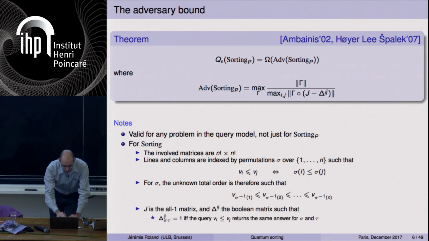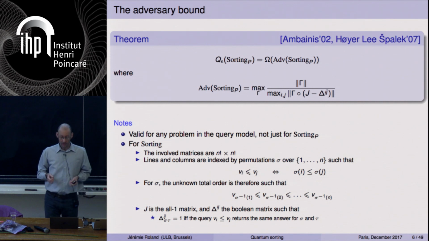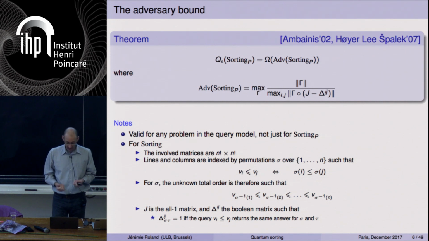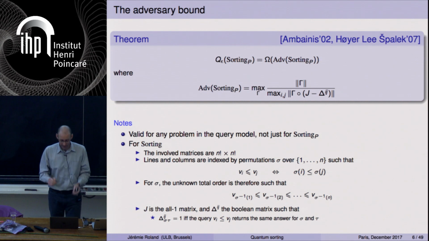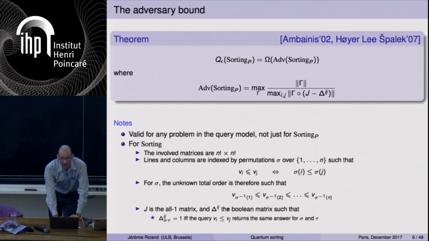And you also have gamma, which is the matrix you're trying to optimize, while J and delta_ij are fixed. J is just the all-ones matrix. And delta_ij is a Boolean matrix that specifies precisely how the oracle answers your queries. In particular, delta_ij has entry 1 whenever, if you ask the query is v_i less than v_j, sigma and tau answer the same thing.